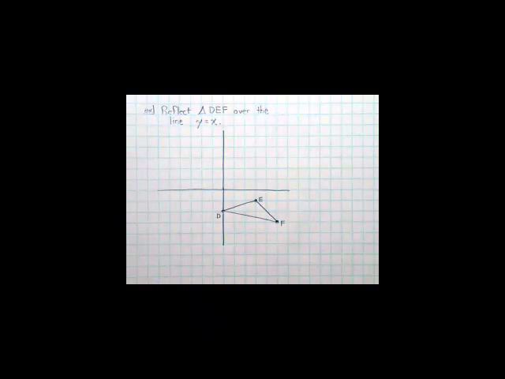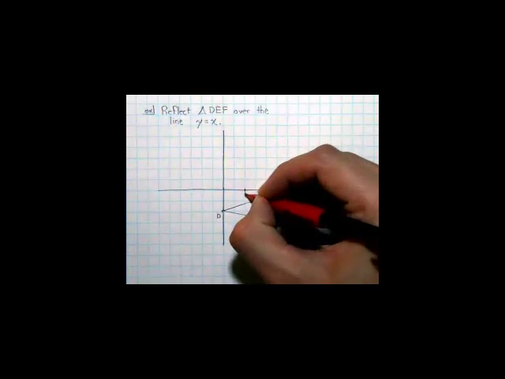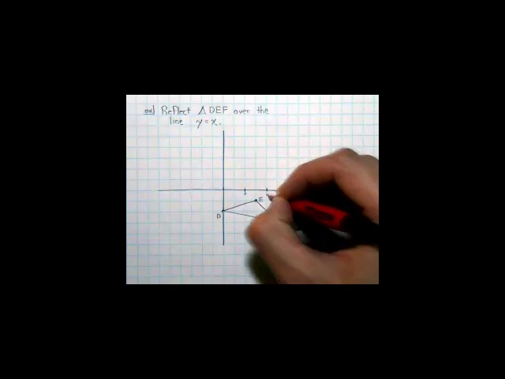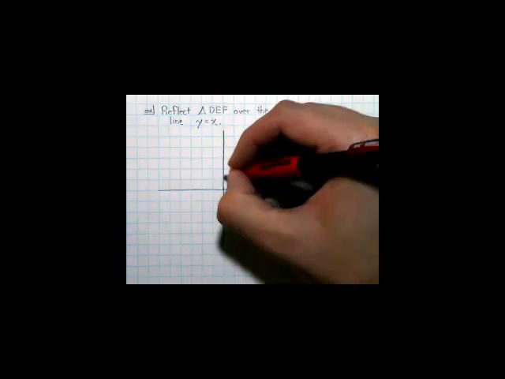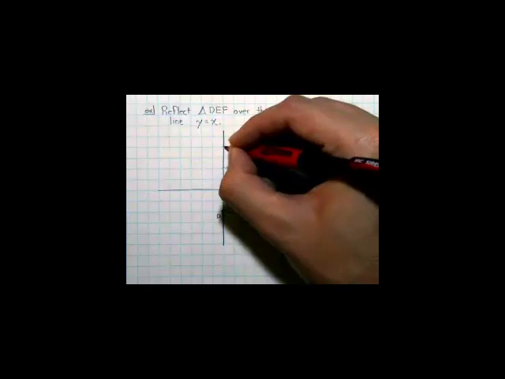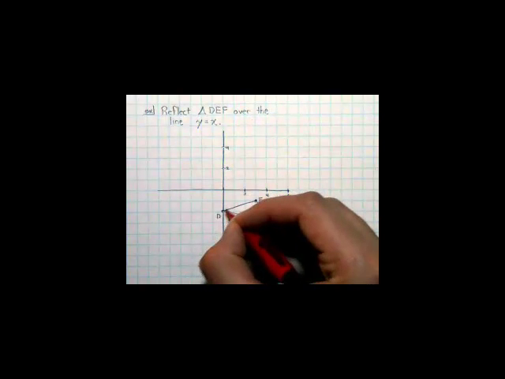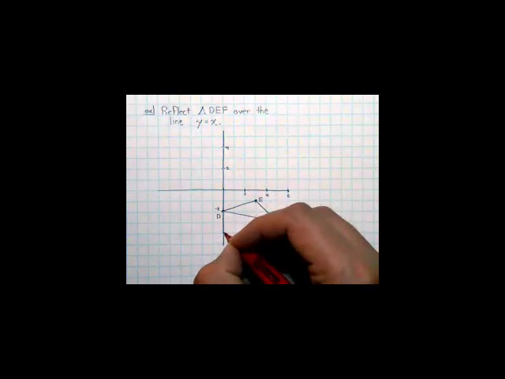Okay, and we're going to reflect this over the line y equals x. Actually, I have to put some scale on here first. But can anybody remember what the line y equals x looks like?